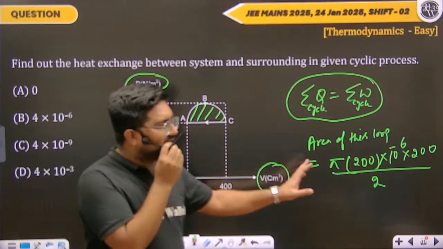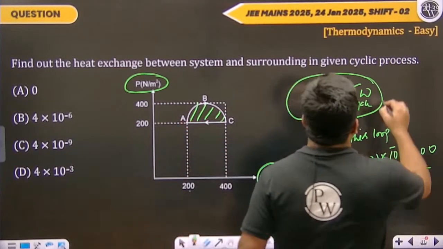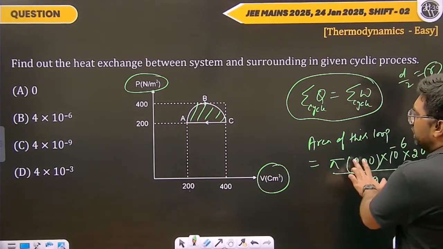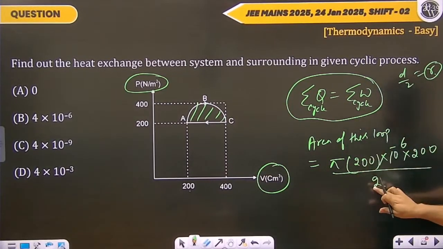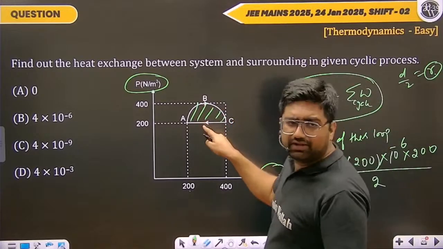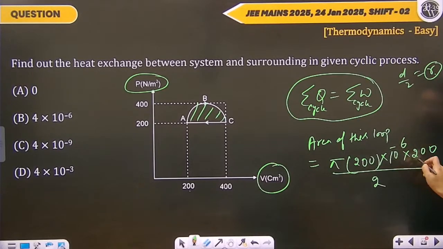But we know that for a circle, radius is d by 2. So it is r, and this we have taken 200, so this is 200 by 2. R is equal to d by 2. But this is a half circle, so we will do 2 into 2, 4.